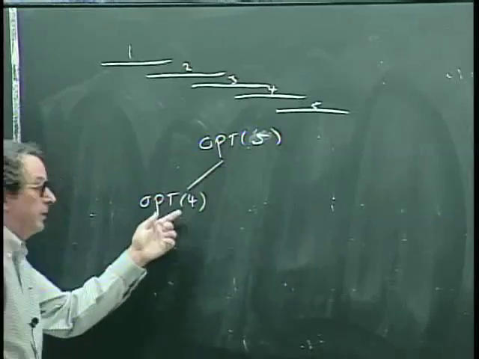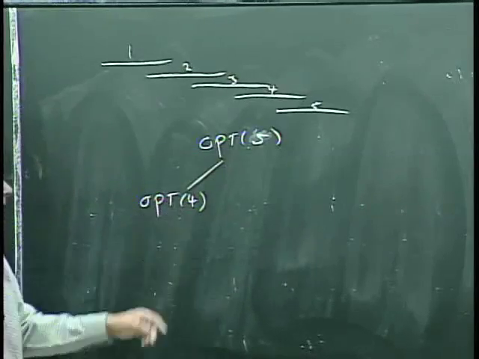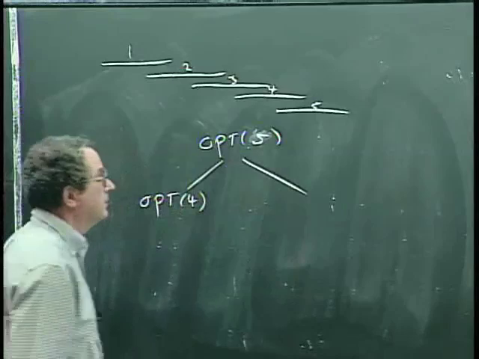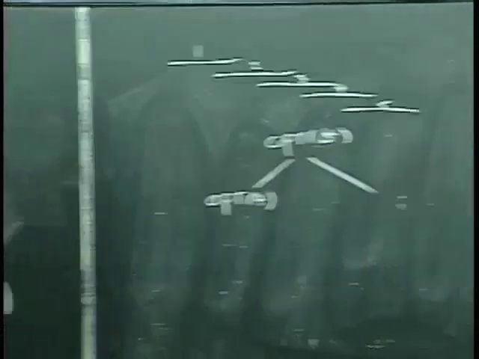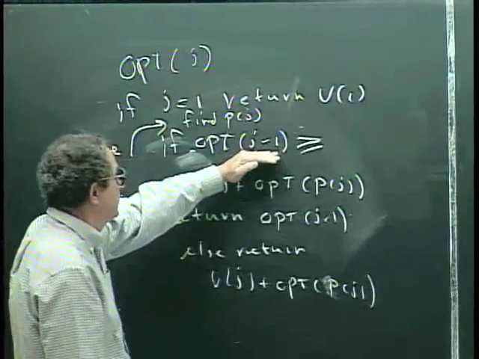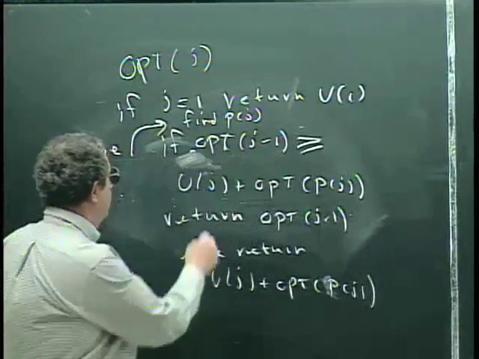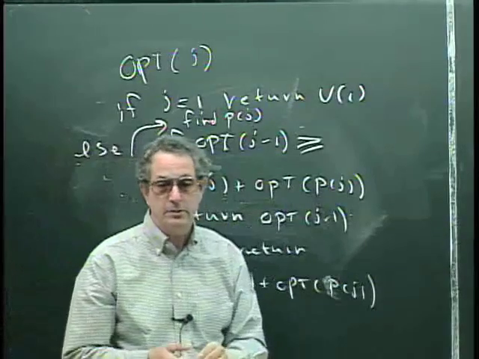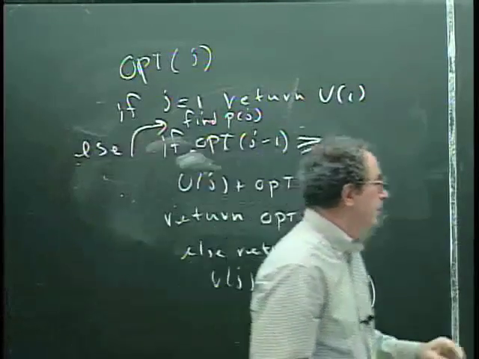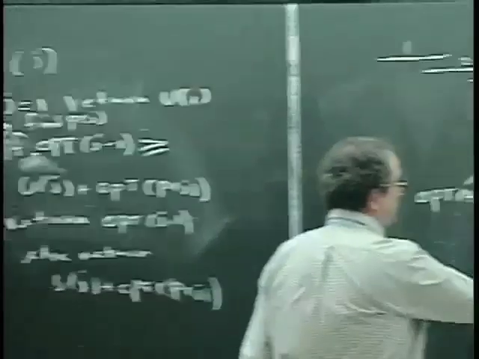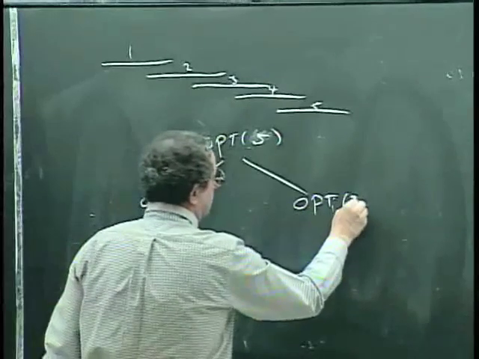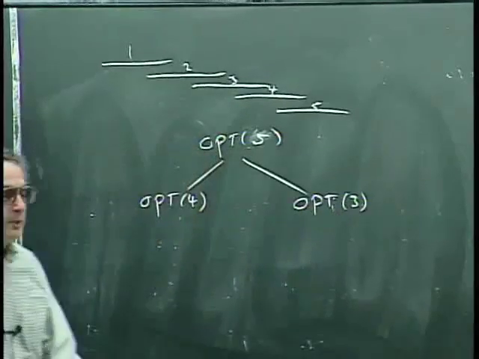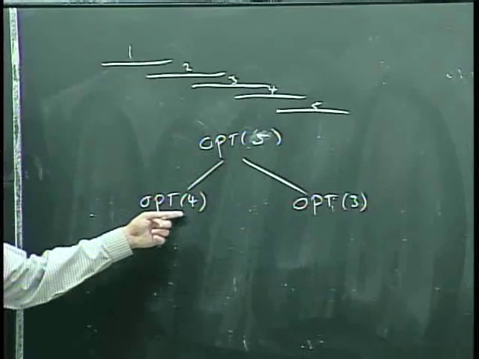That's the opt of j minus 1 call. And it'll also call what? Here we need vj plus opt of pj. What's pj in this case? 3. So this would call opt of 3. And then opt of 4, what does it call?